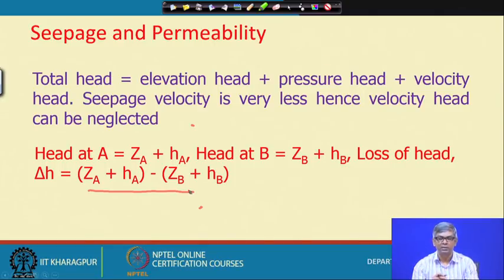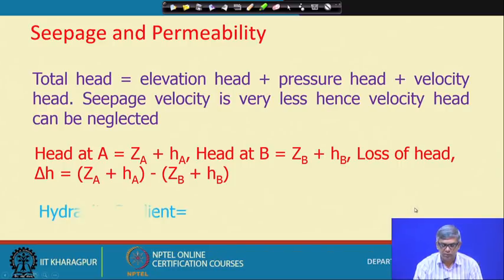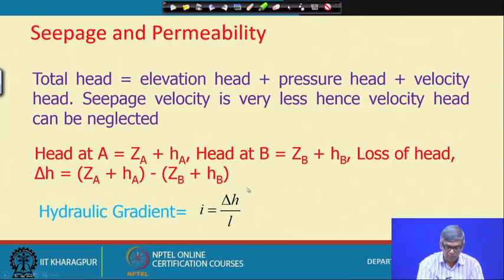That will give you the hydraulic gradient. This is the figure I will show next. So hydraulic gradient I is equal to delta H, that is head loss, over length L.